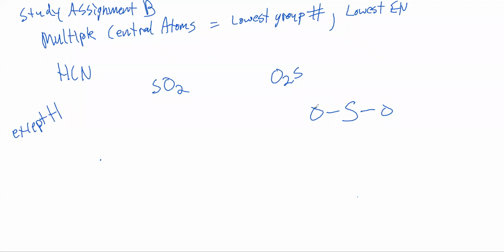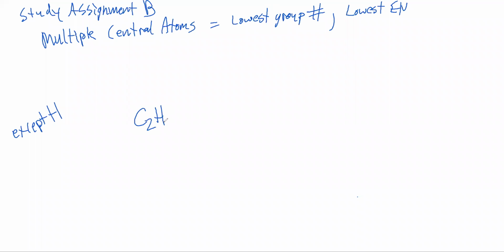For multiple central atoms, you end up with something similar to that. You basically are trying to write out your best Lewis structures with your bond structures. And because of the limitations of how many bonds we can form, we might have to form this central atom, or these multiple central atoms. So an example of this is going to be C2H6.